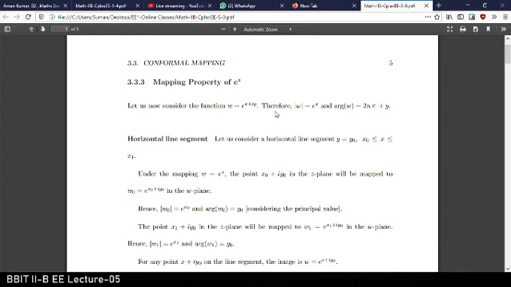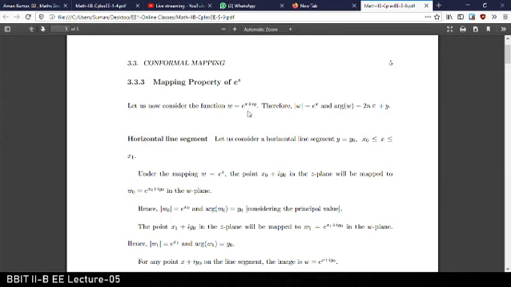So modulus of W is modulus of e to the power x into modulus of cos y plus i sin y. What is the modulus of cos y plus i sin y? It is square root of cos square y plus sin square y, which is 1. So modulus of W is actually e to the power x.